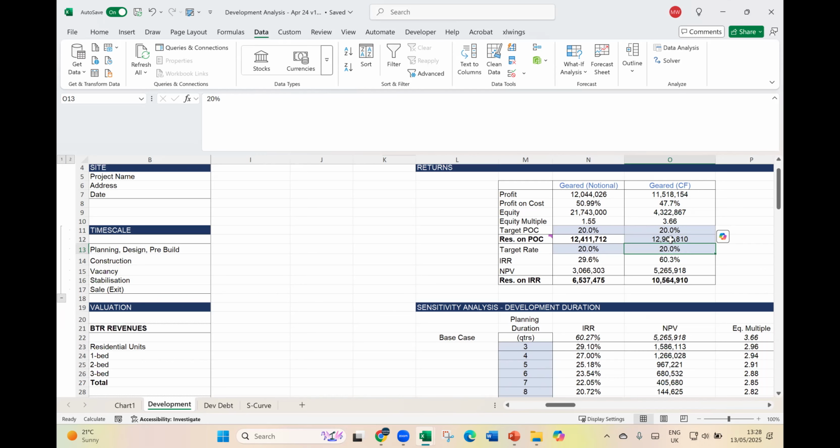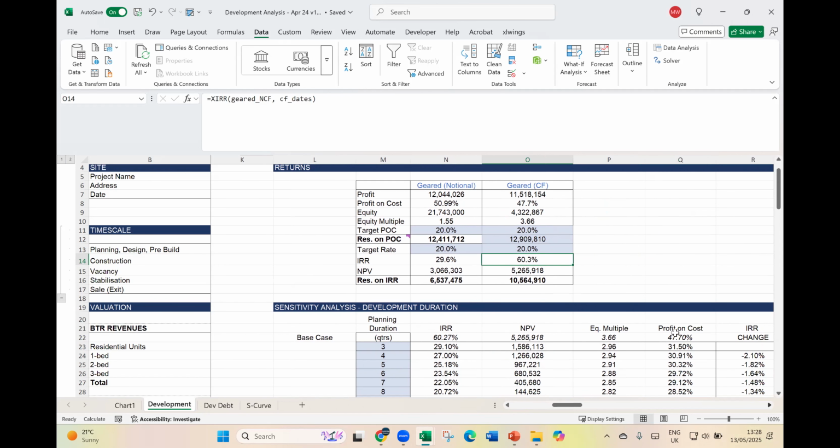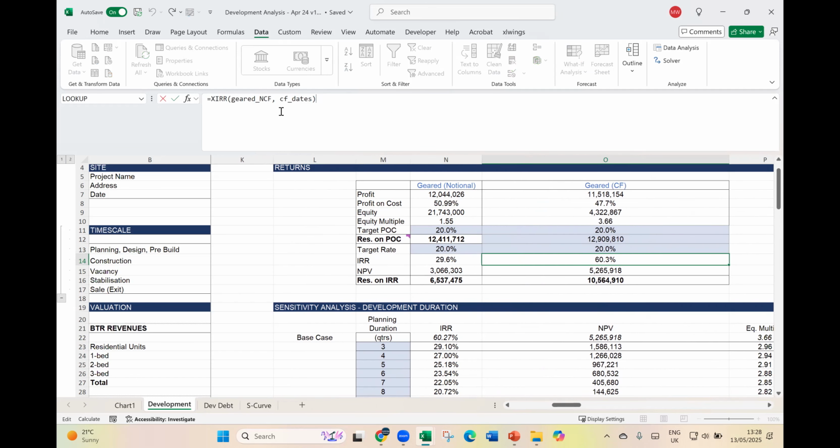And then we have here the residual land value on the profit on cost, which we just did using goal seek. And then here we have a calculation of IRR, right? So it's very important that we all know how to calculate IRR. So here I'm using a function called XIRR for that. So XIRR, what is your gear cash flow, which is the equity cash flow, and the date.